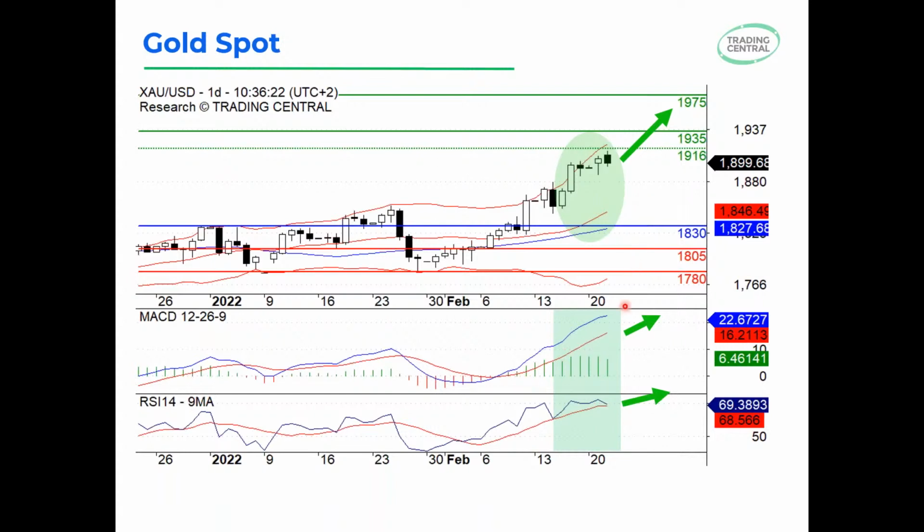Yes, we can see the MACD. I think the audience member mentioned it's the MACD histogram, which is trending down at the moment, and also we can see the RSI is above 50 and near 70.